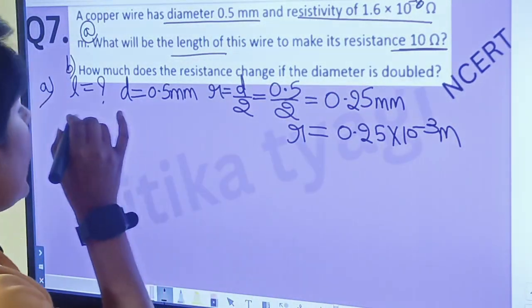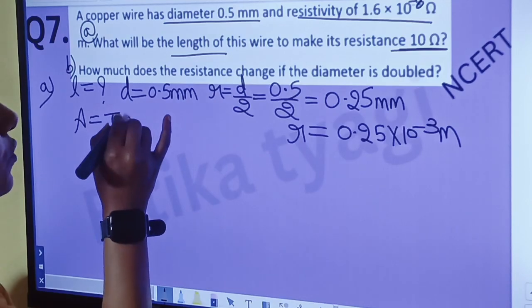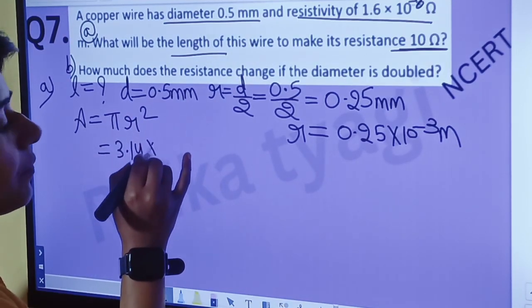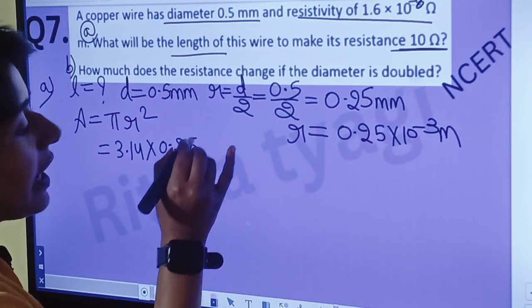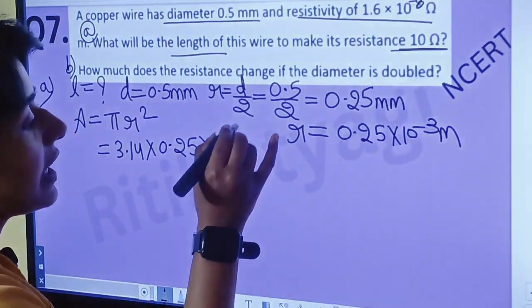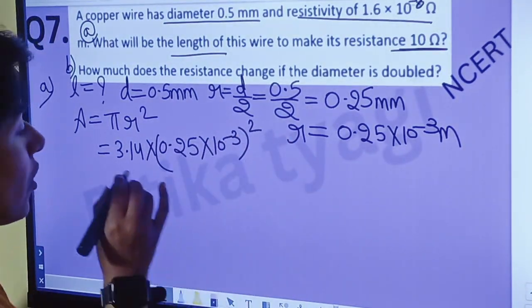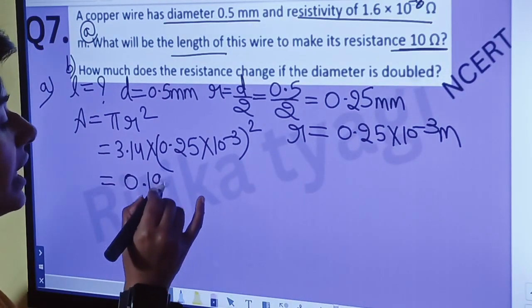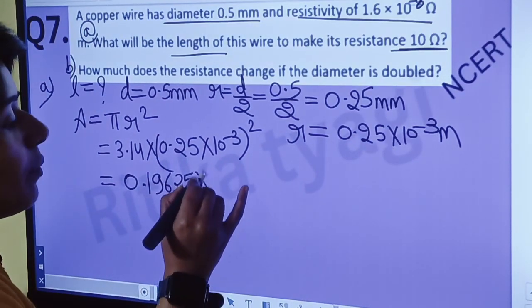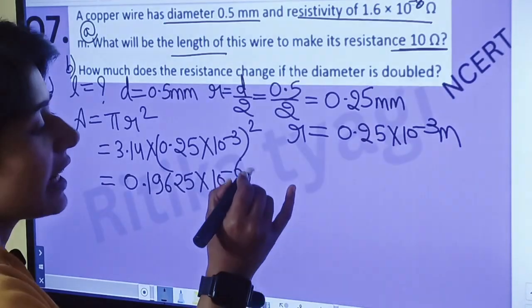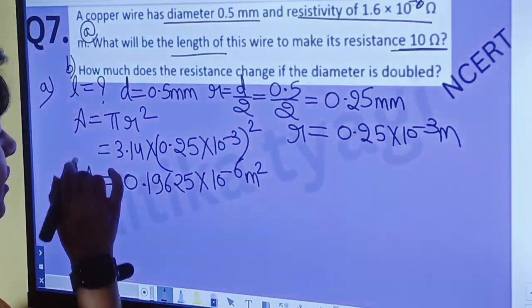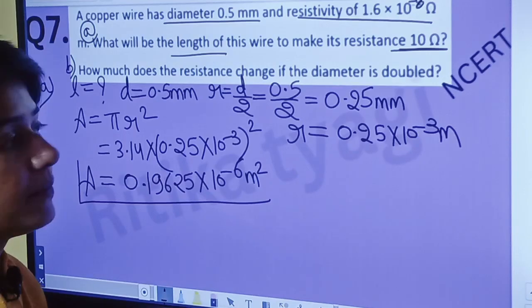Then A equals pi r square. Putting the value for pi 3.14, r is 0.25 multiplied by 10 to the power negative 3 whole square. On solving it, we get 0.19625 multiplied by 10 to the power negative 6 meter square. It is the area of cross section for the given wire.